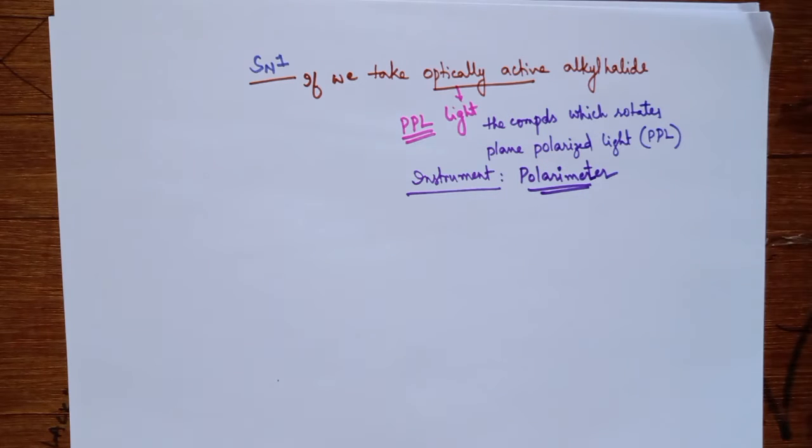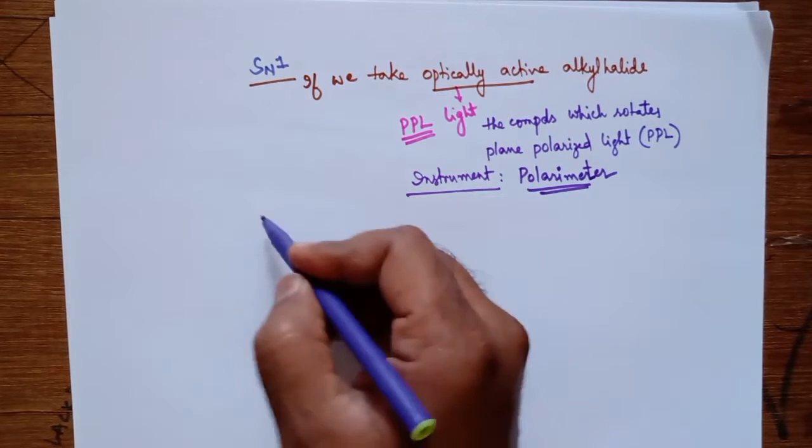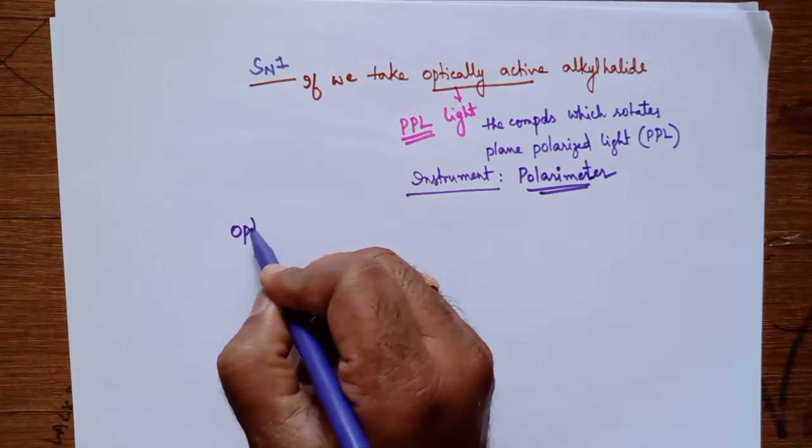By looking at the structure, you can decide the optical activity from the carbon atoms.